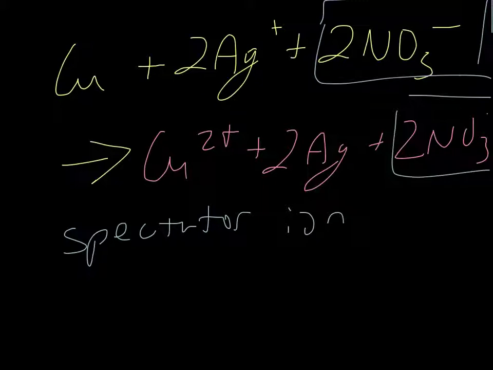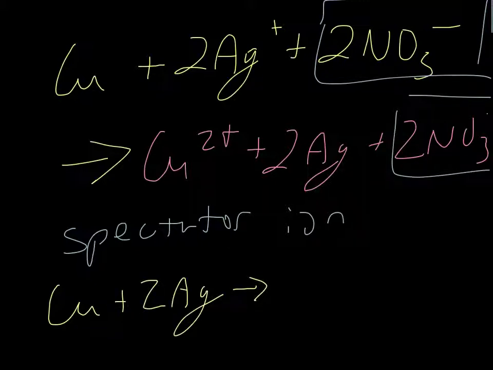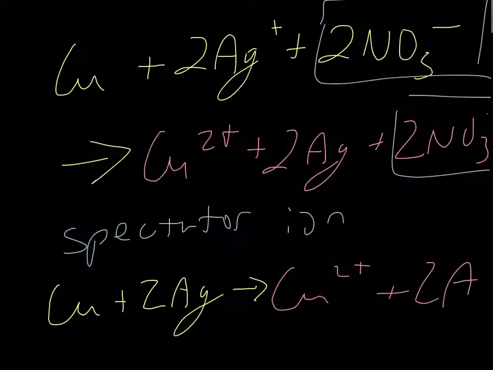So the spectator ion is generally left out. Your net ionic equation will actually look like copper plus 2Ag plus turns to Cu2 plus 2Ag. Sorry, there's a plus there. That was my bad. Missed that guy. Alright, so that's what your net ionic will then look like.